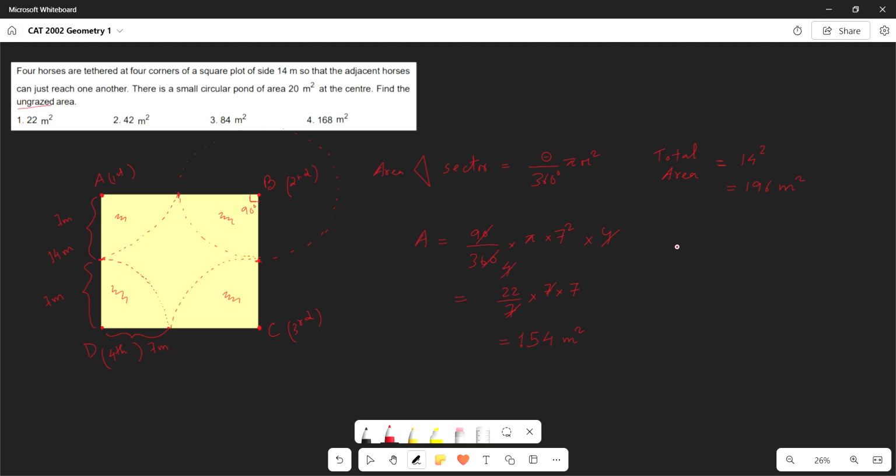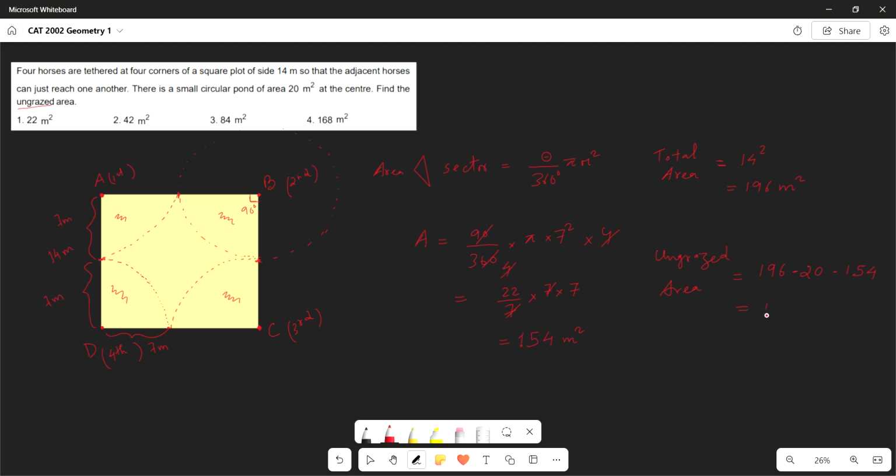So the ungrazed area will be equal to total area minus 20, because that circular pond, we have to subtract that area because that area cannot be grazed, minus the area that is grazed by the horse.